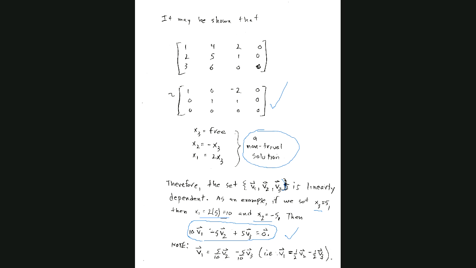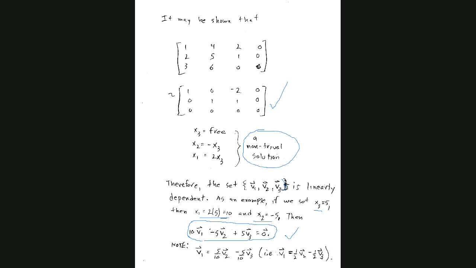There's a connection. Okay, there's a linear dependence relationship among the vectors. And that relates to Theorem 7 in your textbook from section 1.7.